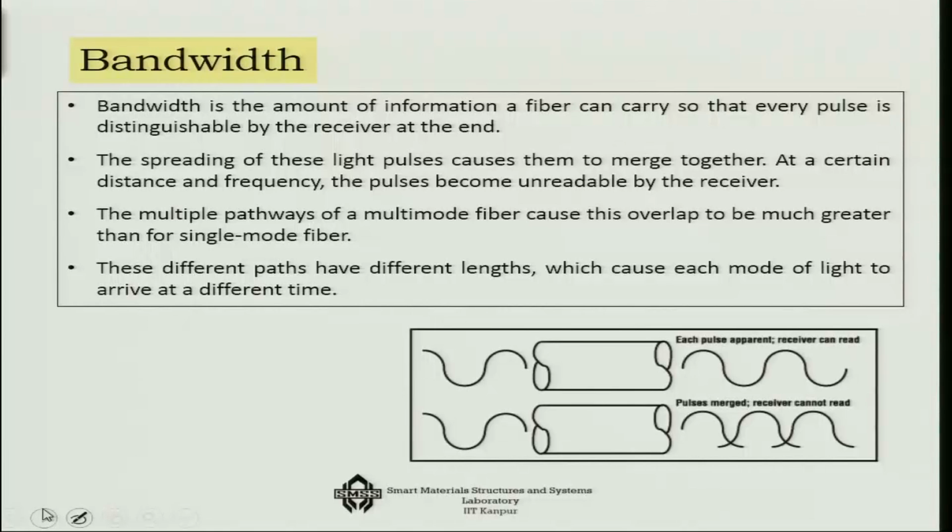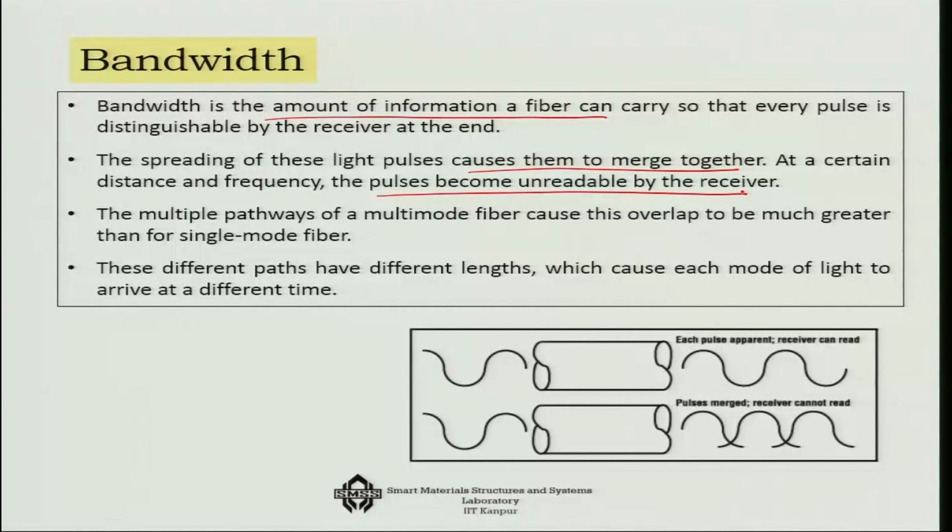Then there is the question of bandwidth. This refers to the amount of information a fiber can carry so that every pulse is distinguishable by the receiver at the end. The spreading of the light pulse causes these pulses to merge together. At a certain distance and frequency, the pulses may become unreadable by the receiver.